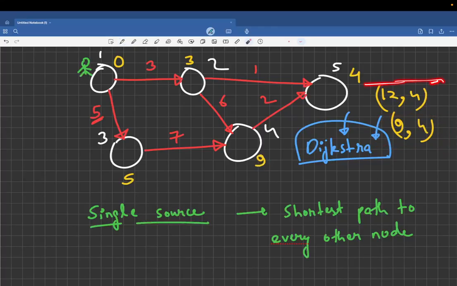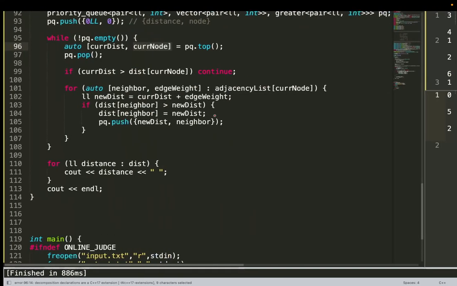Now, in future, you will get this element as well, because we are running the while loop while the priority queue is not empty. Now, tell me, should you process it once again? No, right? Because in your distance vector, the shortest distance to reach node 4 was 9. And this says that the shortest distance is 12. So you should ignore this. So that's what I have written over here.